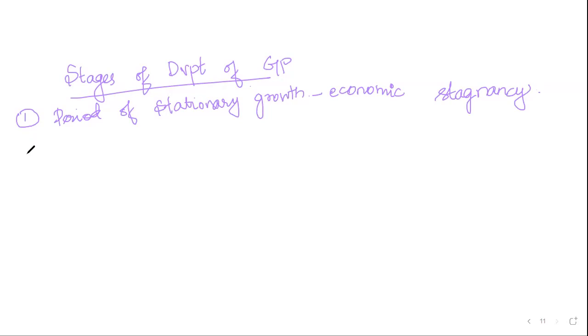Then comes the second stage, the concept of centralization or period of centralization. What will happen in this period? It means the factors of the economic space concept.